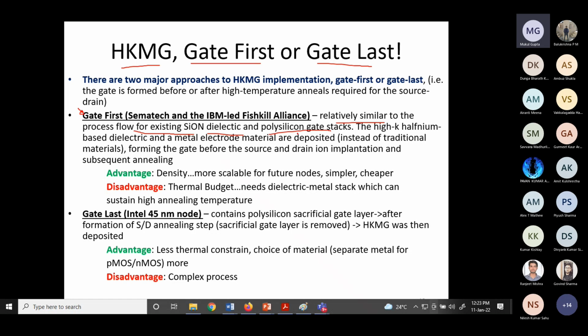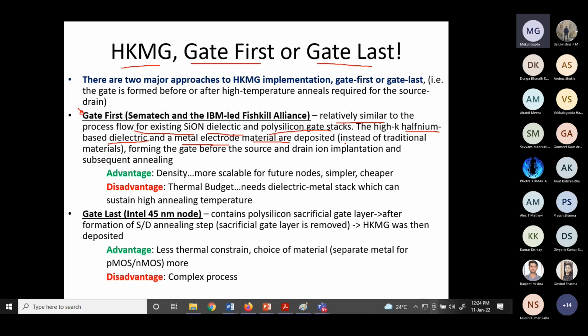So IBM and Sematech and many other industry giants started following the gate first approach. They use high K hafnium based dielectric layer, with dielectric constant, remember, around 30 or 40, right? And metal electrode or metal gate on top of that oxide layer, okay? But you have to make sure that that metal can sustain high temperature, okay?